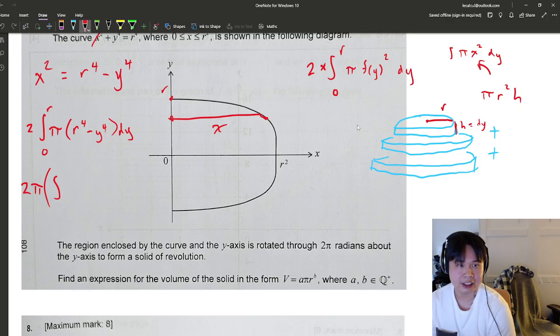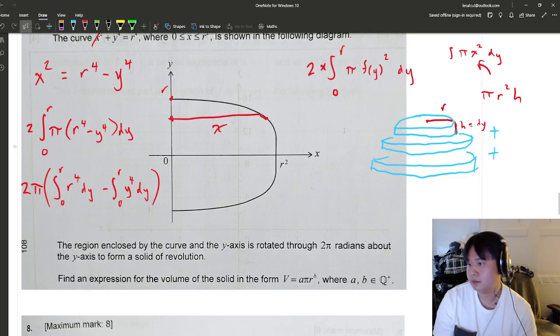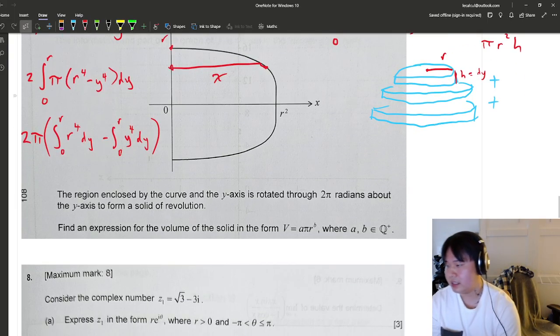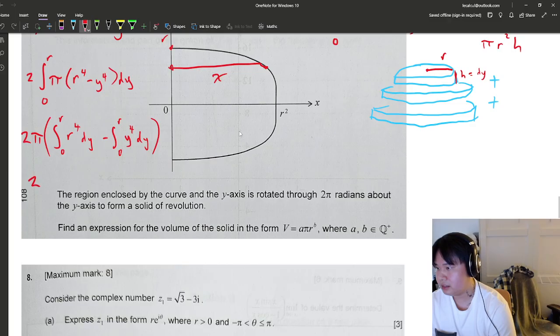And then we can split the integral and then do the integral. 2 pi, big bracket.